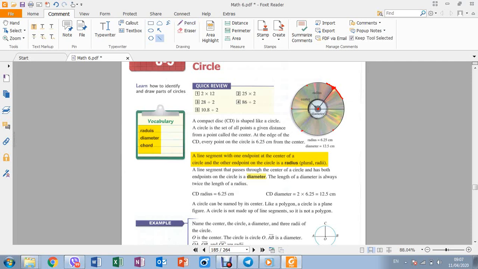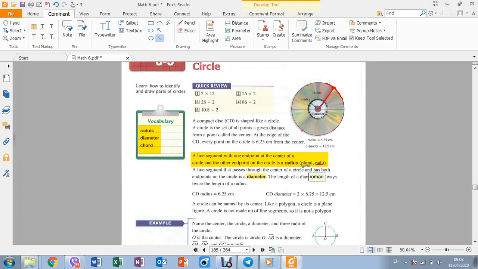This line is the radius, from the center to the edge of the circle. Sometimes it is called radii, which is the plural.